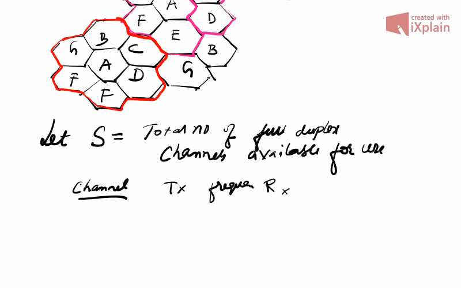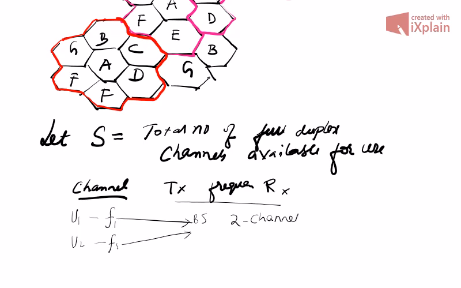Okay, so if I am allocating a channel F1 to a particular user, so that user is communicating with the base station using frequency F1, and then user 2 is communicating with the base station using frequency F2. We will call these two channels. This is the jargon you have to get used to.